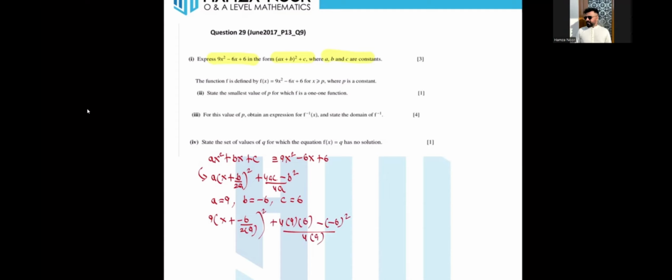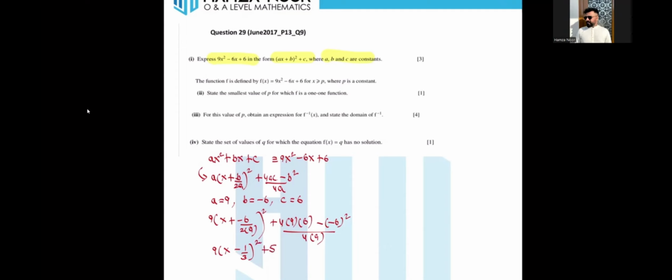Okay, I've used the values of a, b, and c over here. So first we have 9 multiplied by x minus 6 over 18. So 6 over 18 is 1 over 3. So x minus 1 over 3 whole squared, and then plus 4 into 9 into 6 subtract 36, divided by 36. This is positive 5.